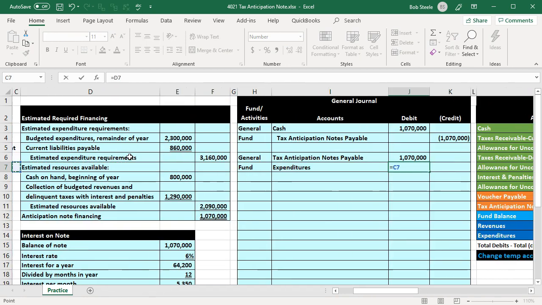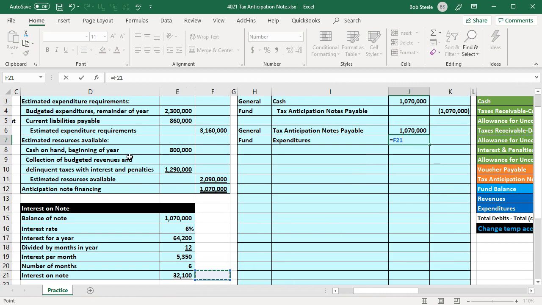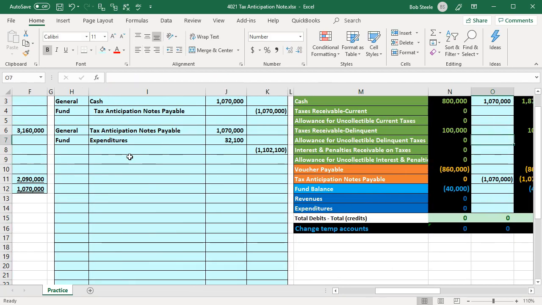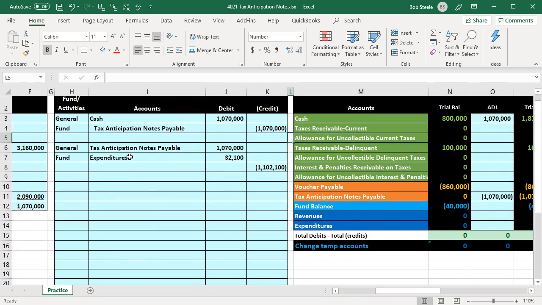And that's going to be equal to the interest that we calculated, 32.1. And then the credit is going to be the negative sum of these items. We'll add those up. That's how much cash, of course, we're going to pay. So that's going to be the cash. We're going to say this is equal to cash. And there we have it.